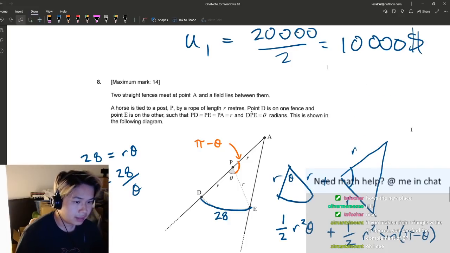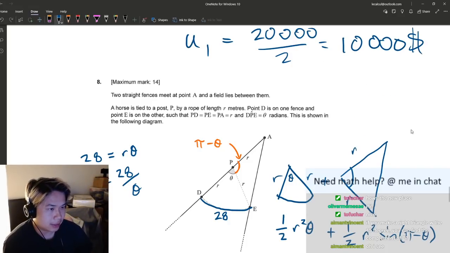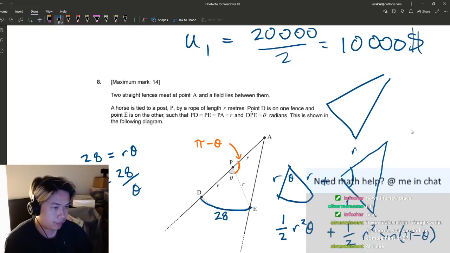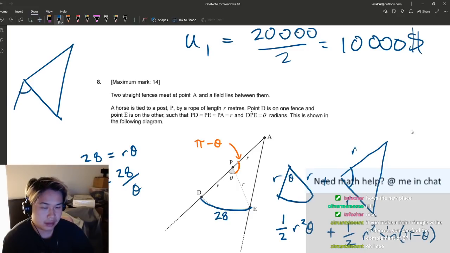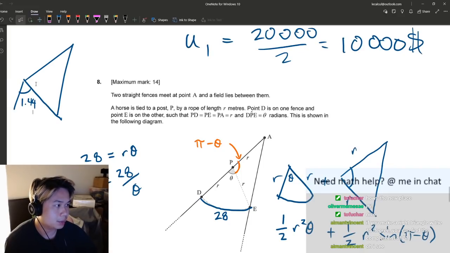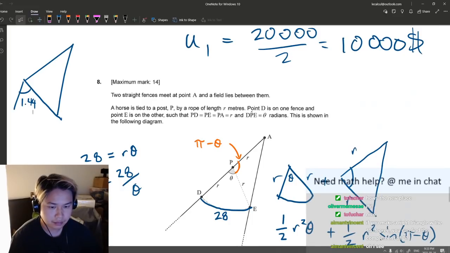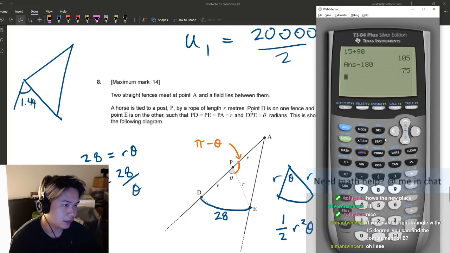Let me do that real quick. So we just found out this angle, which is whatever it was, 1.44. Which means that this angle, I didn't draw it right, but this is supposed to be a straight line. This is the supplementary angle. Jeez, I knew it was easier than what I was doing.